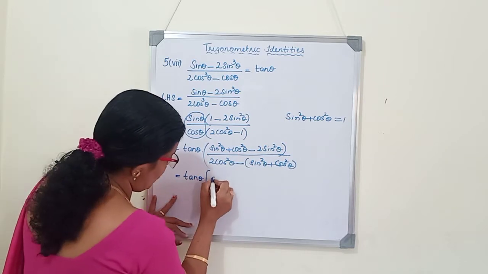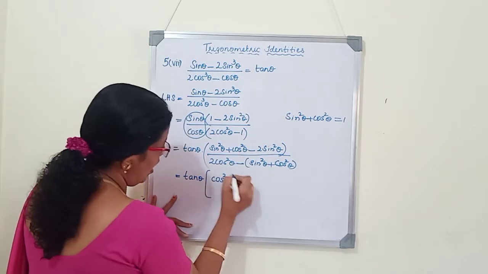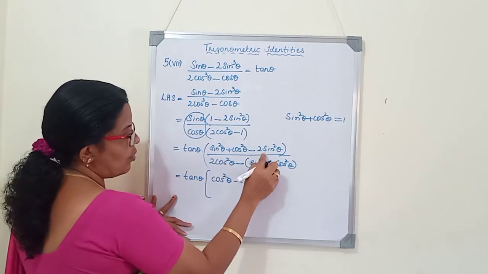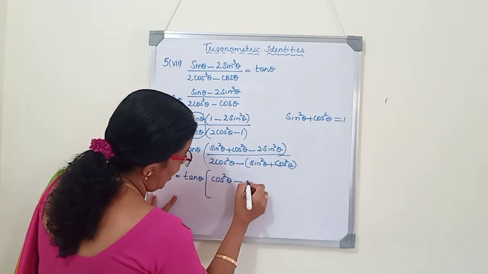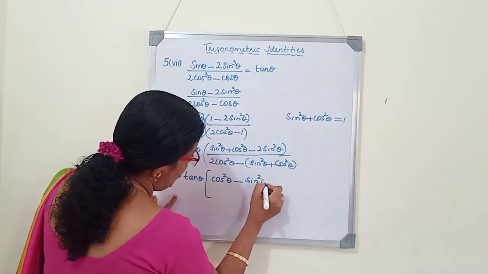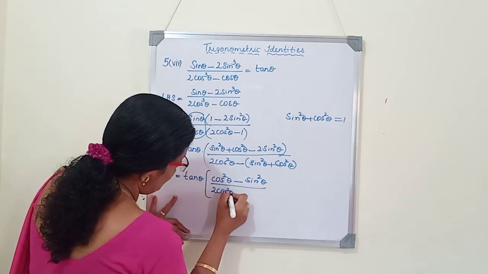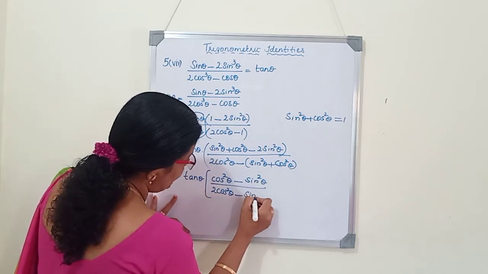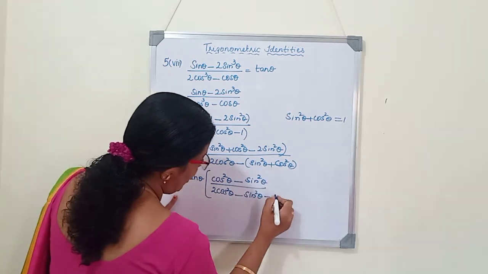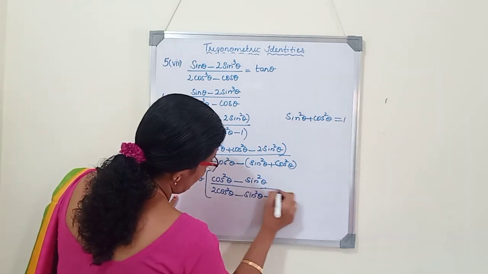So, first I will write cos square theta. Cos square theta, sin square minus 2 sin square is minus 1 sin square theta, divided by, here 2 cos square theta minus sin square theta minus into plus again minus cos square theta.